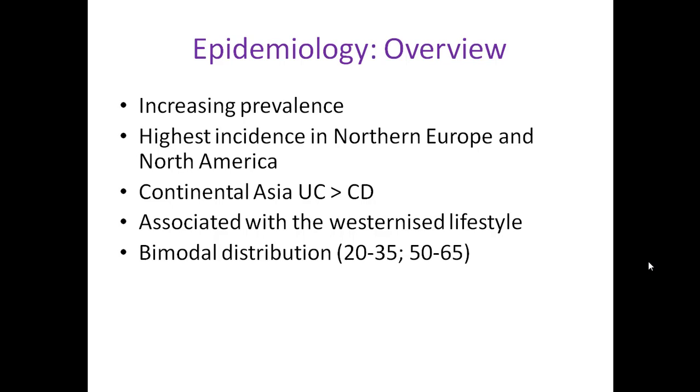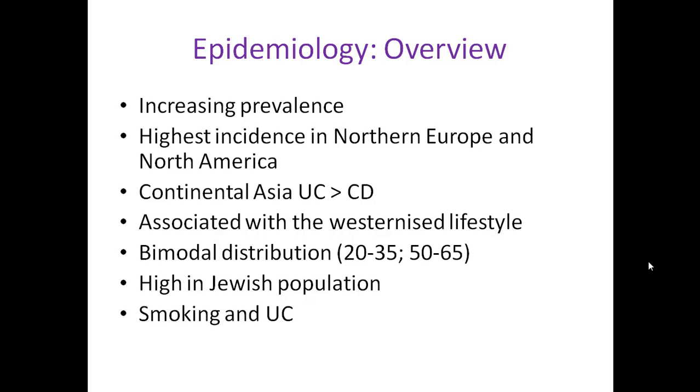There's a bimodal distribution in peak age of onset, and studies show that IBD is high in the Jewish population. Smoking is interestingly associated with milder disease and fewer hospitalizations in UC. We will be discussing this epidemiology in more detail now.